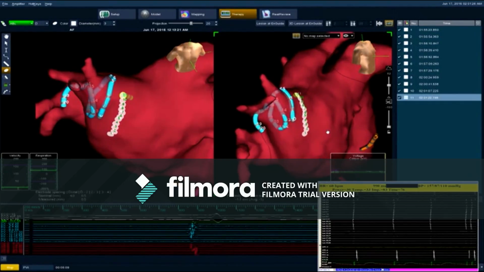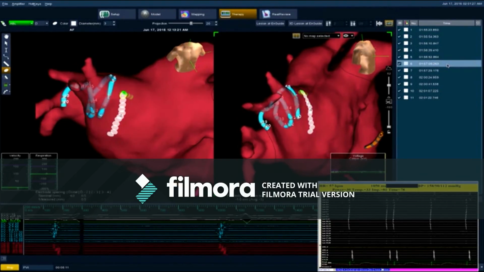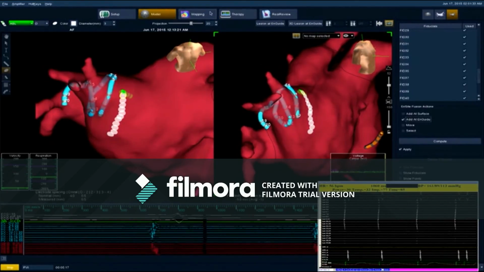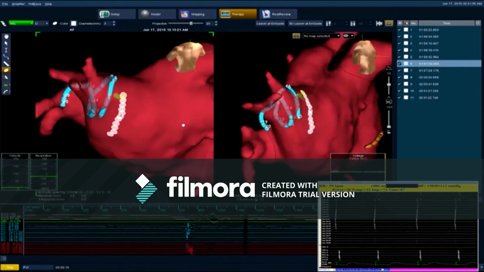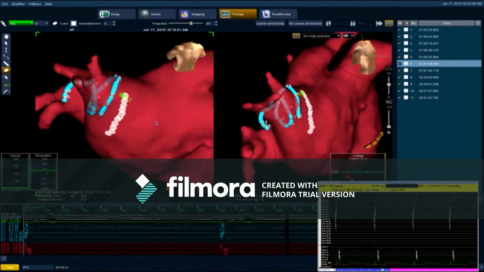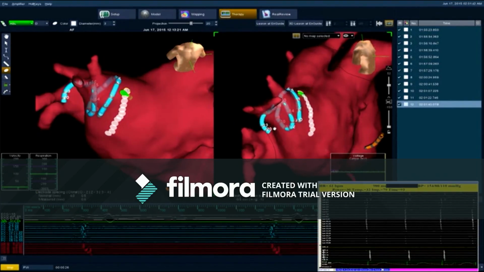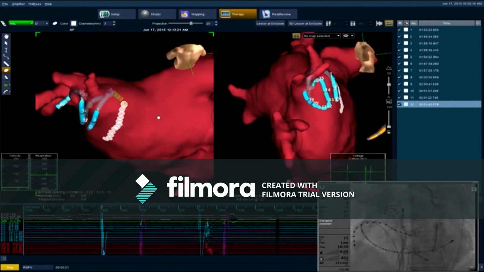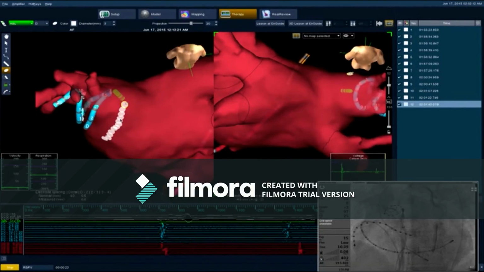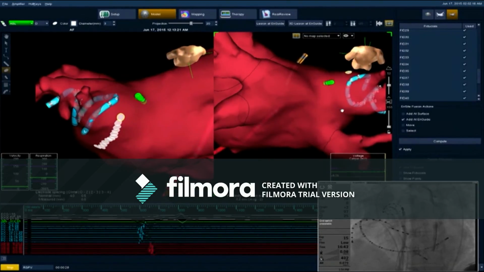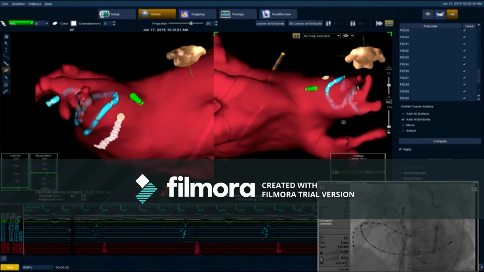I have to keep the clockwise to make firm contact. I don't see the PV potential at the ablation, so I move midway along the track, and after 20 seconds I move. Now I use the counter-clockwise to make contact. Okay, from here. Ready?